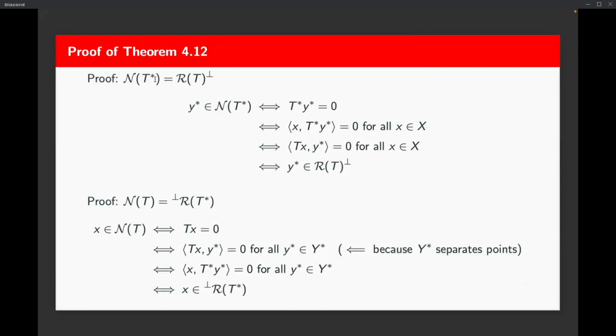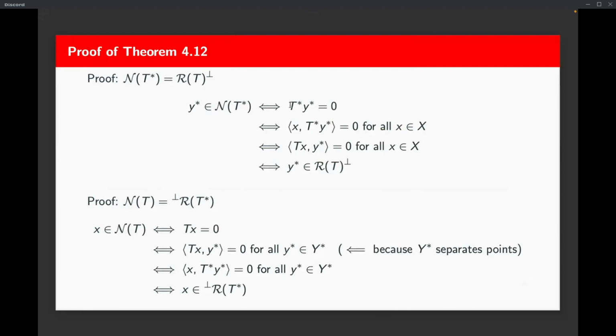So why is the null space of the dual, of the adjoint, equal to the right perp of the range of T? Well, if we have a Y star that is in the null space, remember T star is mapping Y star back to X star, so elements of its null space look like Y star.